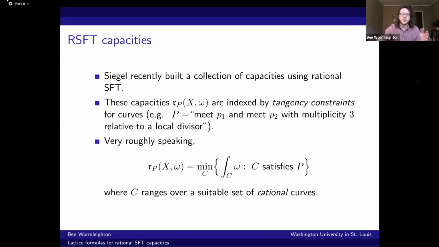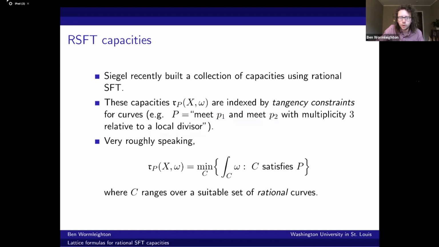So the thing to have in mind is that p could be something like: you have to meet a point p1 and also meet a second point p2 with multiplicity 3 relative to a local divisor. By a local divisor in this context, I mean a germ of a codimension 2 submanifold. Okay, so the p are expressions of this form.